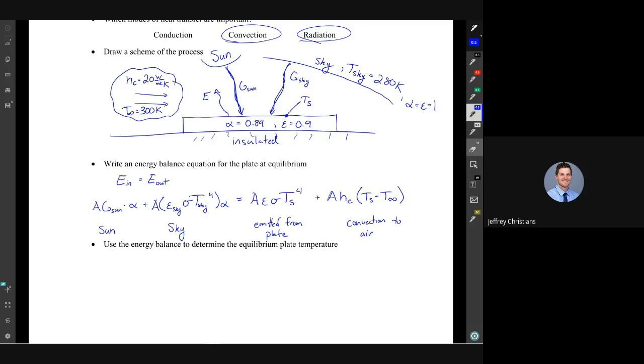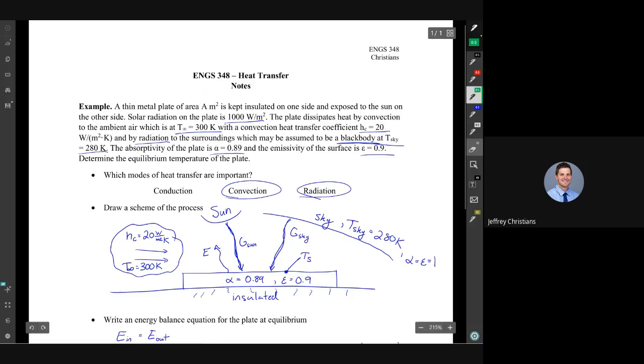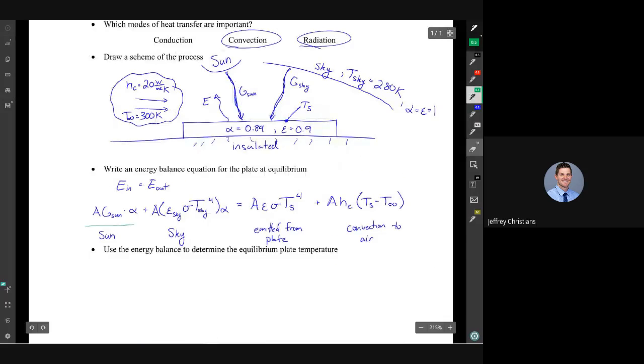We can figure out that this is going to be a number, and that's going to be a number. But this is temperature to the fourth, and this is temperature. So we can't just get a nice, easy analytical solution.